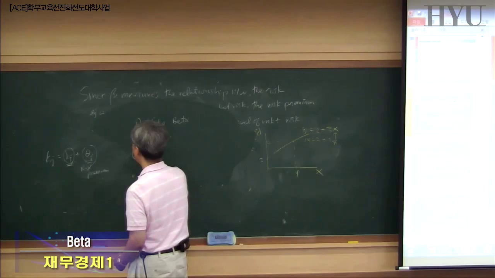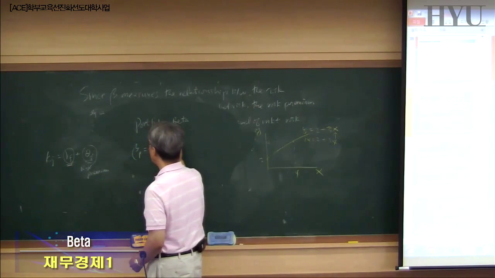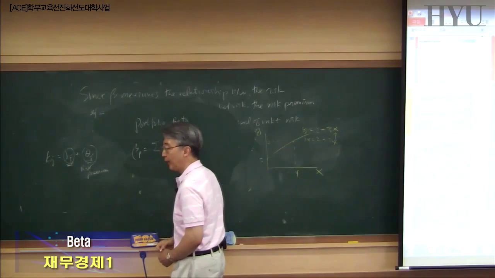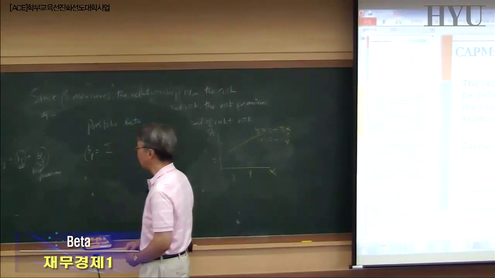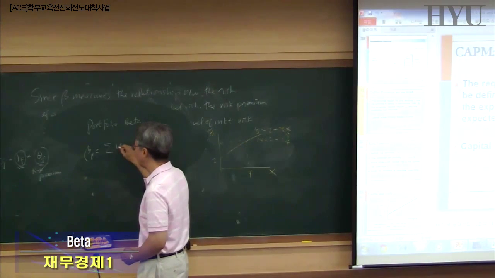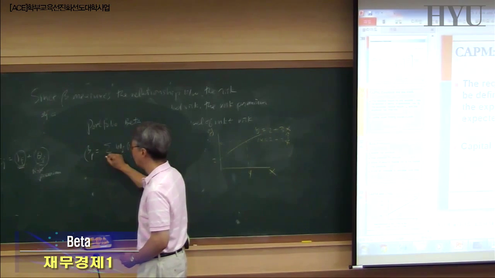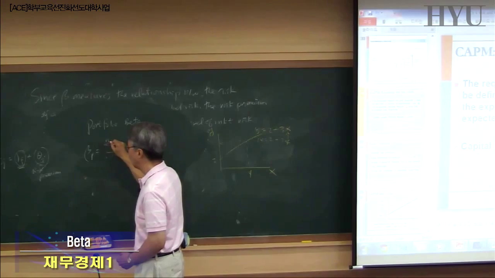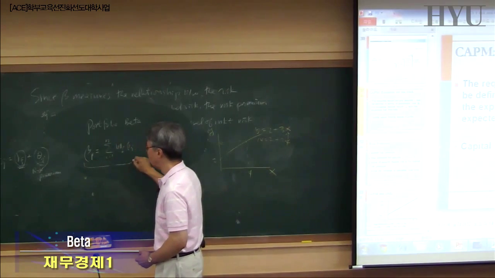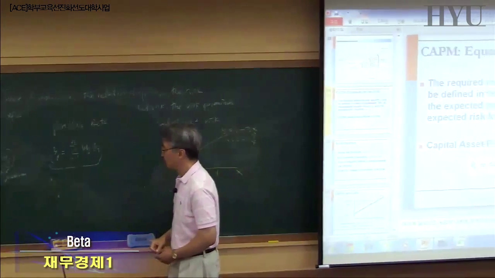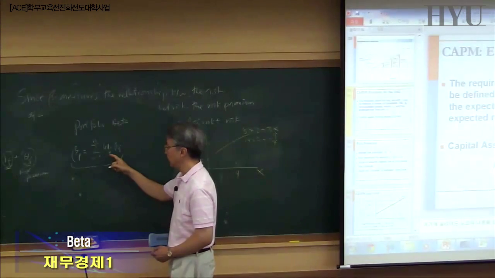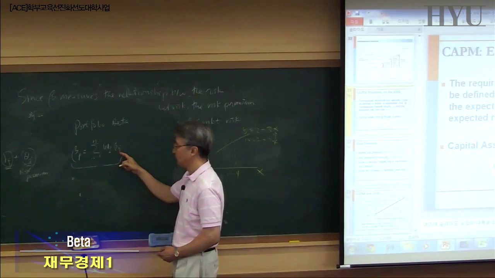So portfolio beta is nothing but the weighted average of each individual stock's beta. So you can say the sum of W_J times beta_J, J going from 1 to N. Portfolio beta is simply the weighted average of the individual betas.